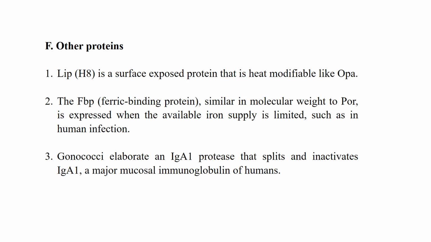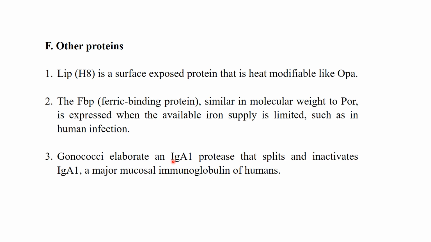Other proteins that act as antigens are virulence factors. H8 is a surface exposed protein that is heat modifiable like OPA. The FBP, ferric binding protein, similar in molecular weight to pore, is expressed when the available iron supply is limited, such as in human infection.